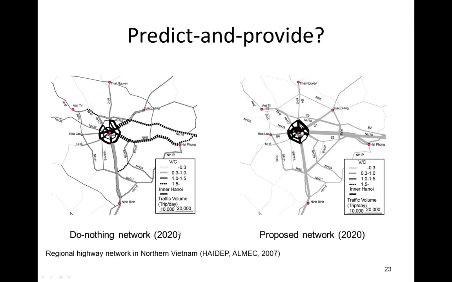Okay, the next few slides are some examples. Here is an example again of the northern region of Vietnam where you have Highway number 5 connecting National Highway to Hanoi and Hai Phong.